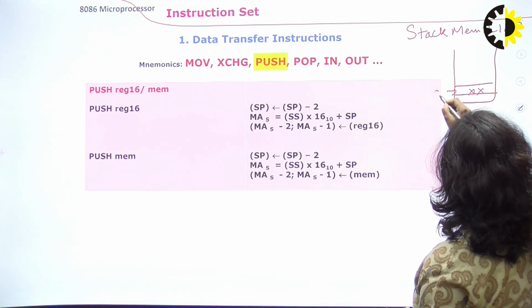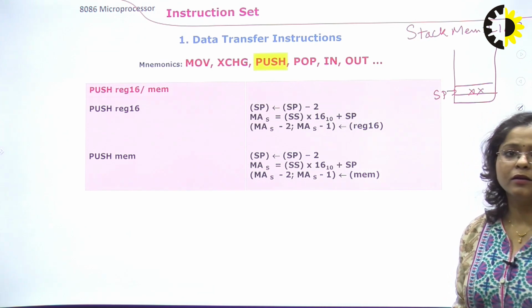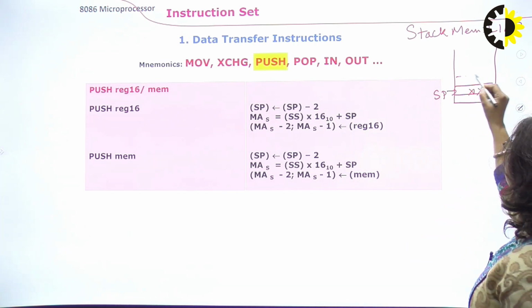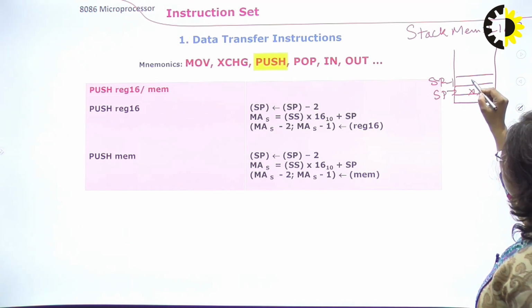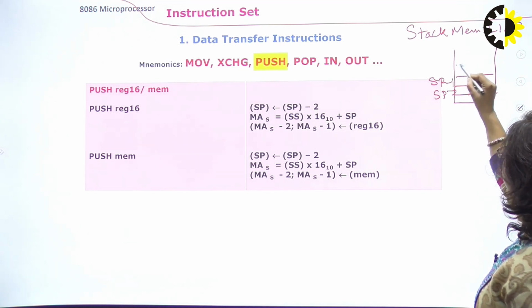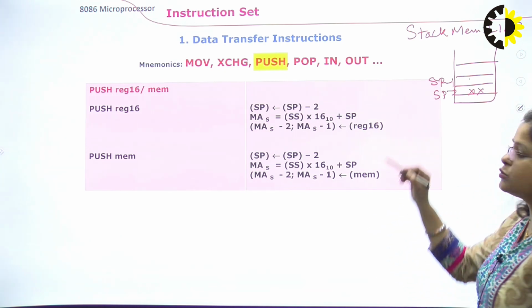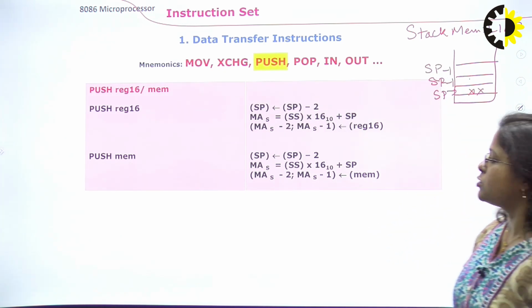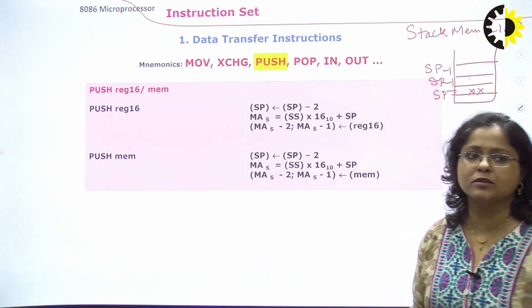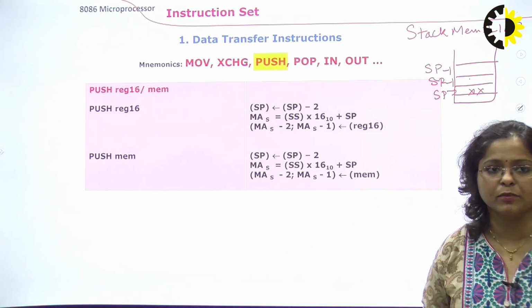And if we have to write onto a stack, then we have to move to a blank location, that is SP minus 1. Write 1 byte in this location and then again move to another location and write another byte into the next location. So push register is used to write a 16-bit value onto stack memory.